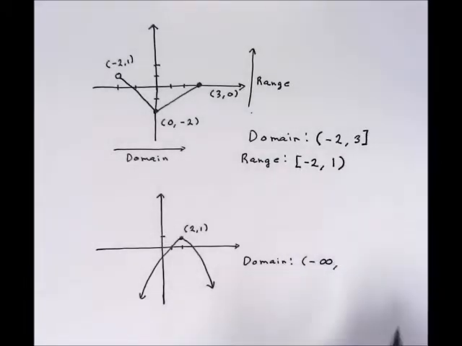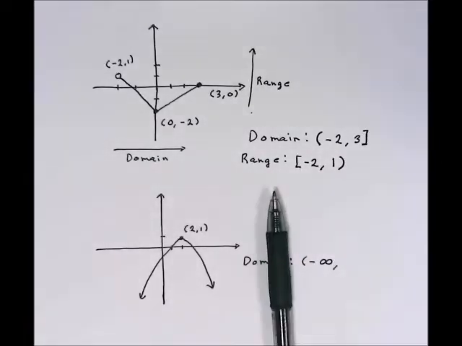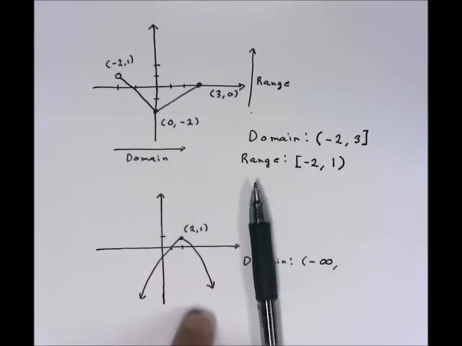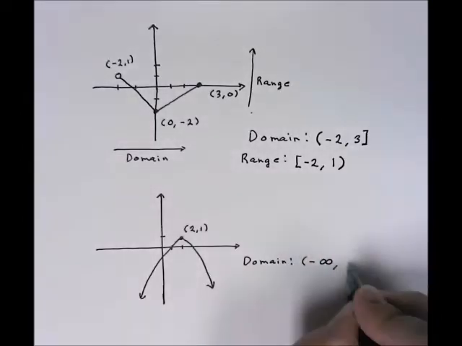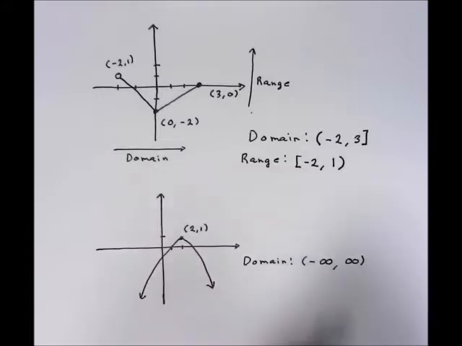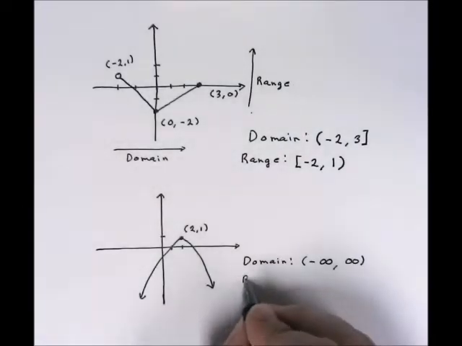And now let's do the same thing on the right. And we have the same thing. Because of that arrow, no matter where I put my line, I'm going to hit that graph. So the graph goes to the right forever. So my domain is going to be -infinity to infinity. Now let's try the range.